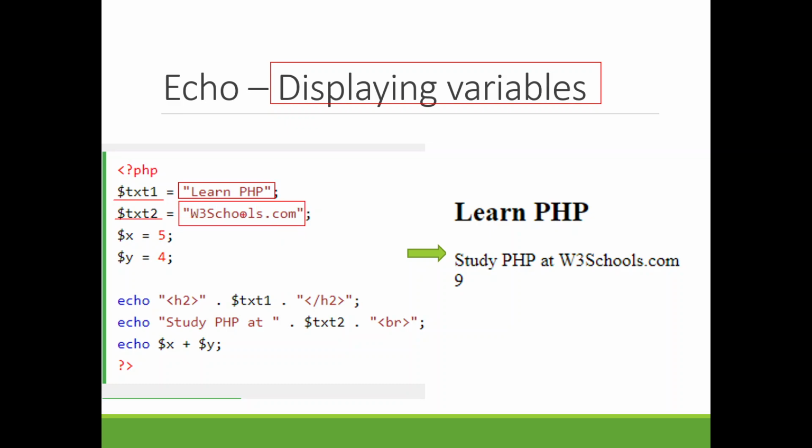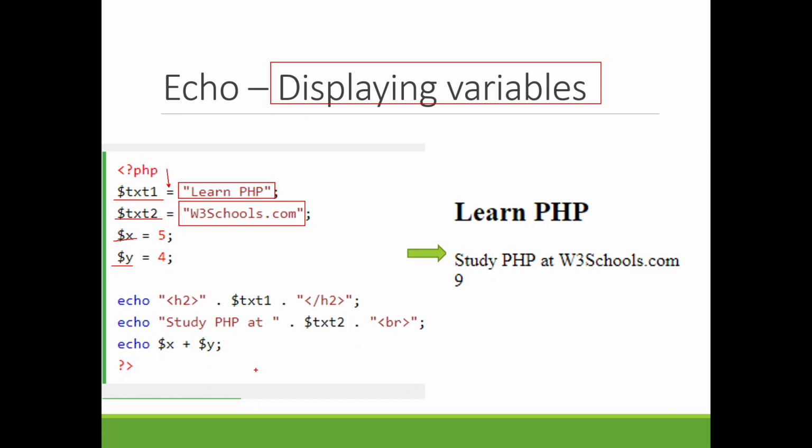And we are assigning it using the assignment operator. This operator, in maths you call it equal sign, but here we call it an assignment operator, used to assign values to variables. We also have a variable x and a variable y, which we've assigned the values 5 and 4 respectively. So how then do we print out variables using the echo statement?